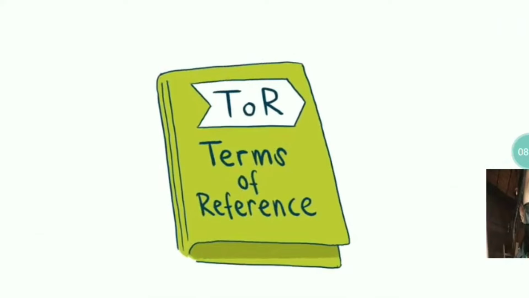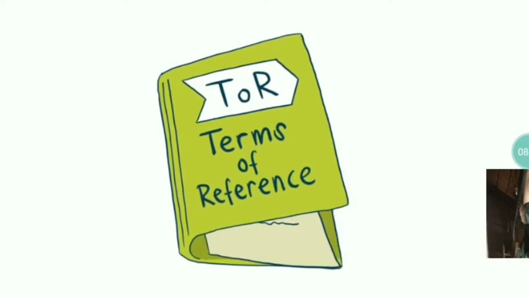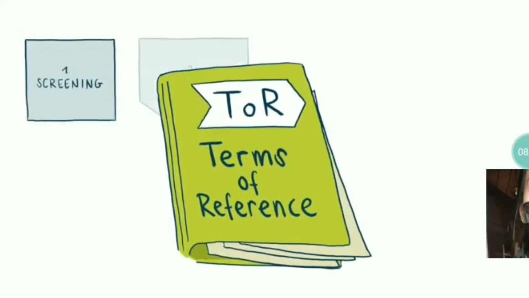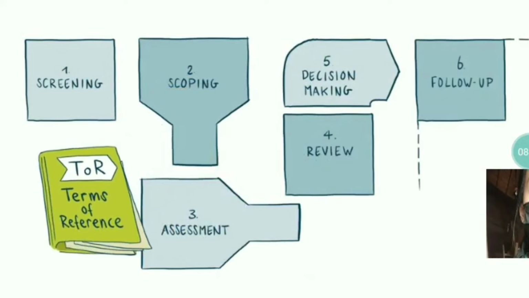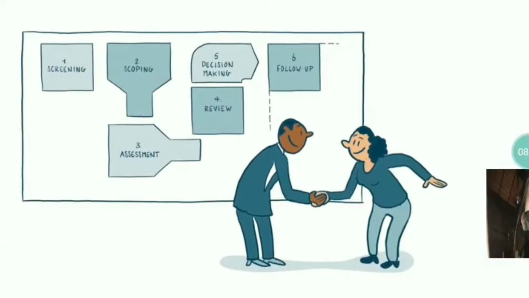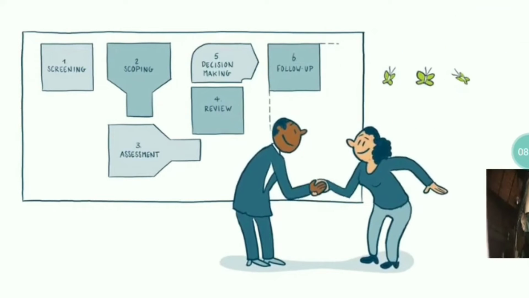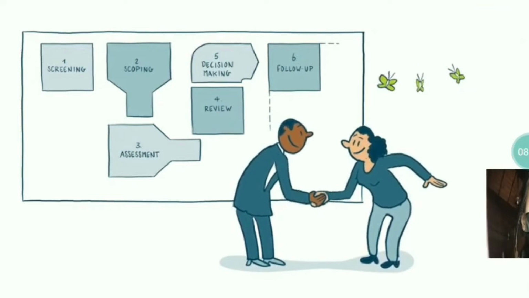The result of scoping is usually a terms of reference for the next steps in the process. It will guide in drafting the ESIA report and serve as a framework for reviewing the quality of both the process and report. If scoping is done well, it'll contribute to an efficient and successful ESIA.